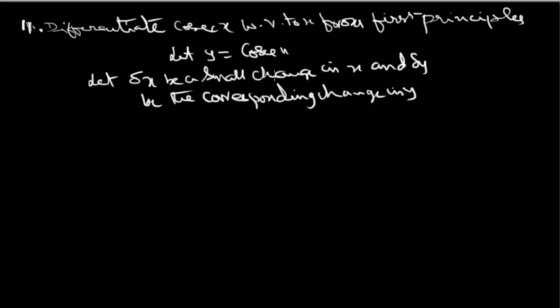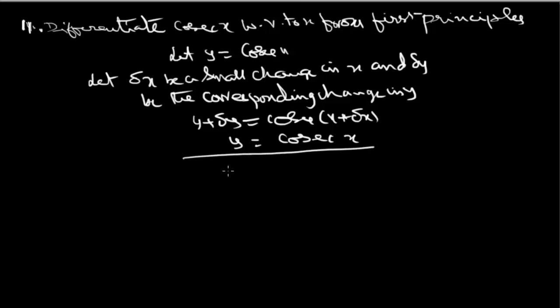So we write when there is a change in x, there is a change in y. That is, y plus delta y is equal to cosecant of x plus delta x. So below that we write y is equal to cosecant x.